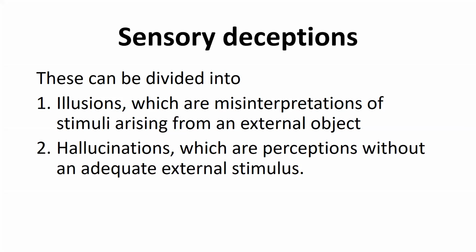Let's move on to where we stopped. Sensory deception. We can see two types of it: illusions and hallucinations. In illusions, what is important here is that a real external object exists. There is an object, but it is distorted. It is perceived as something else, not what it is.